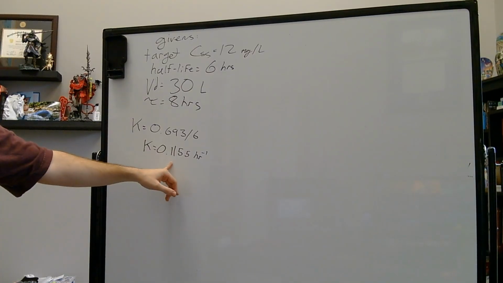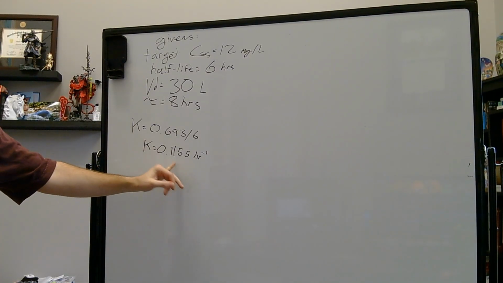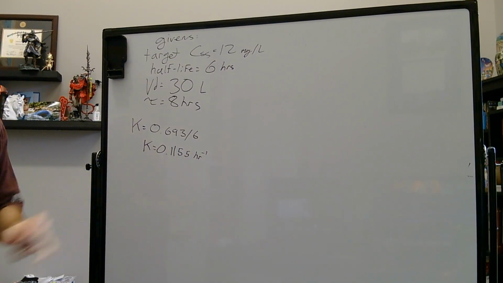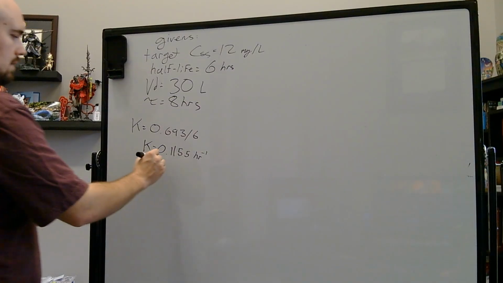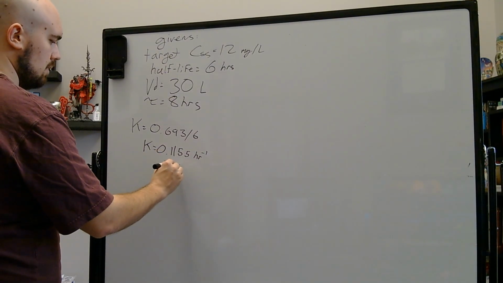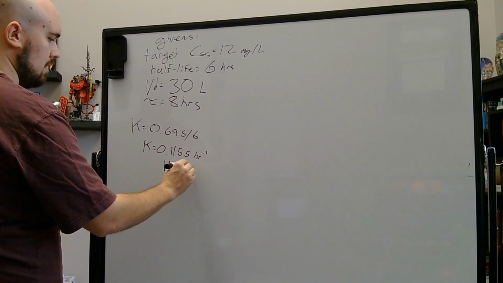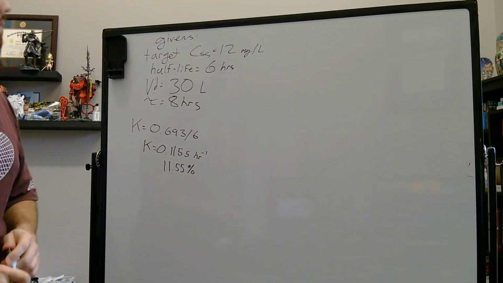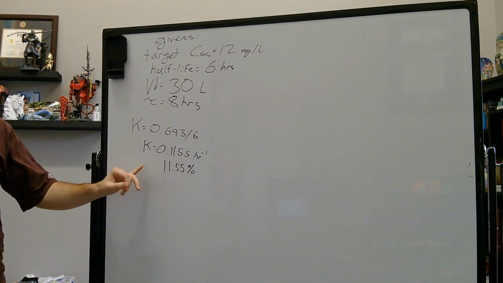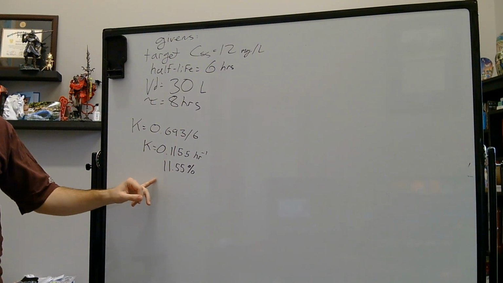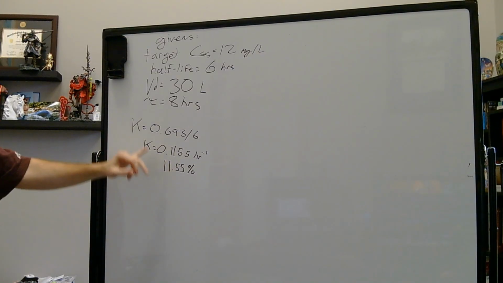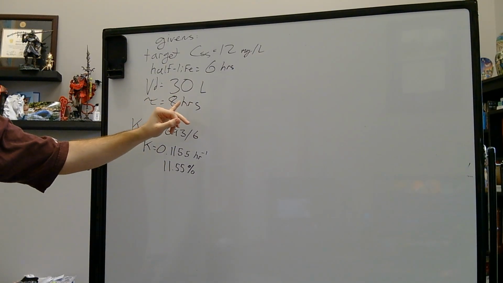So what does that mean? Every hour, 11.55% of my drug is cleared. Now I have an elimination rate constant, 0.1155, and I also have a volume of distribution that was given to me.